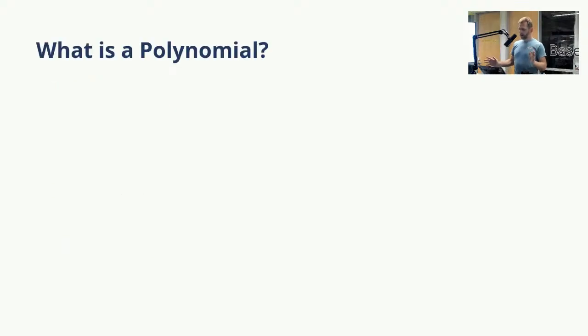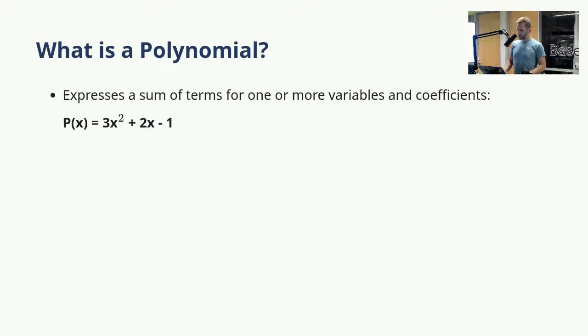So just really quick, what is a polynomial? A polynomial is essentially a sum of terms for one or more variables and coefficients. So if you can just dust off your high school algebra, this is essentially a polynomial. We have this value x, and we can sort of wrap this value x in a bunch of other terms.